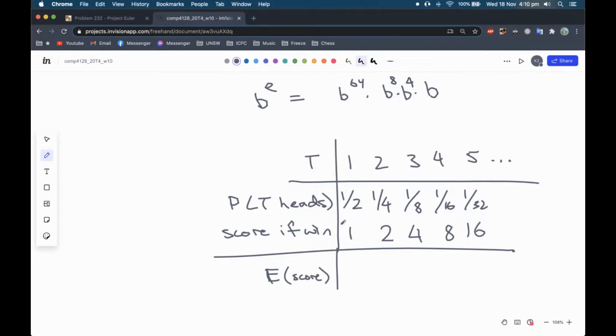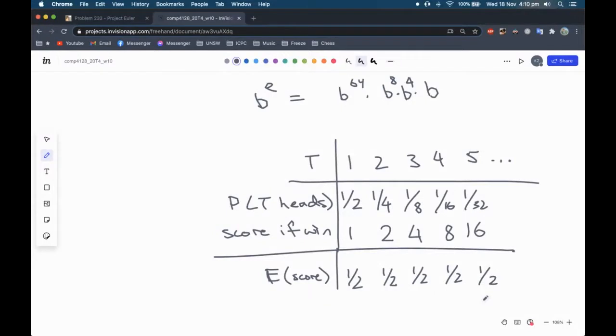Well, to get the expected value, we always multiply the chance that something occurs with the number associated with the result. For example, half times 1, that will give us half. A quarter times 2, that will give us a half, and so on. And you can kind of see that all of these are actually the exact same number, which is half.